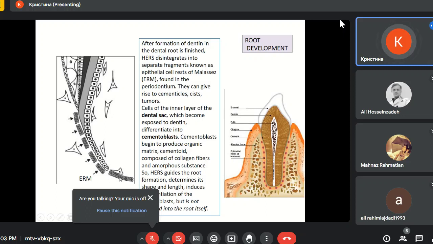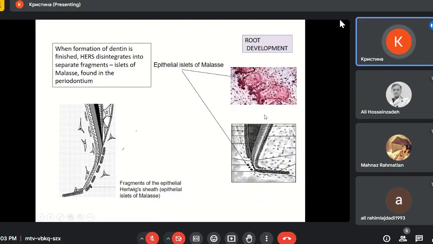But epithelial cells can make bad substances, such as epithelial rests of Malassez, which can be found as these cysts or some other inclusions in the region of the periodontium of the tooth, if they are not fully disintegrated.